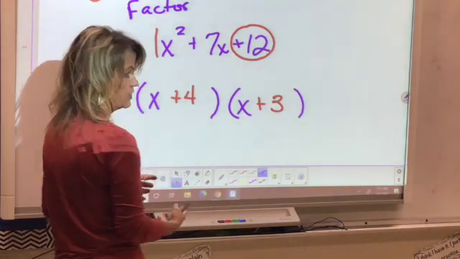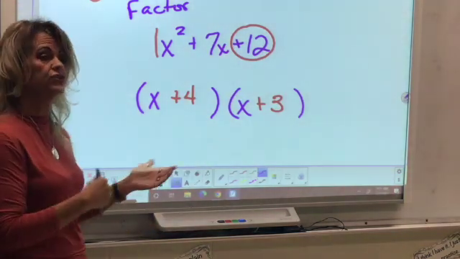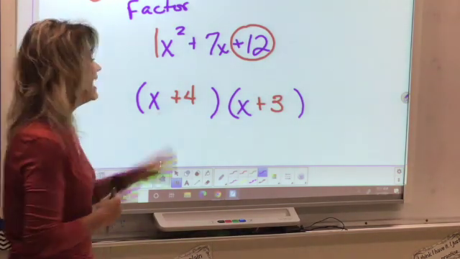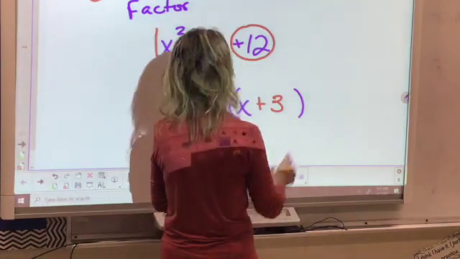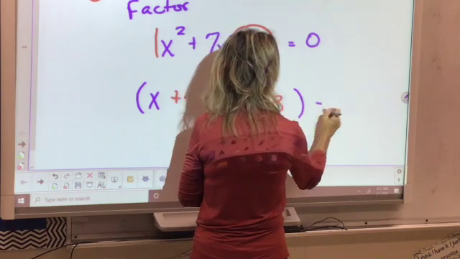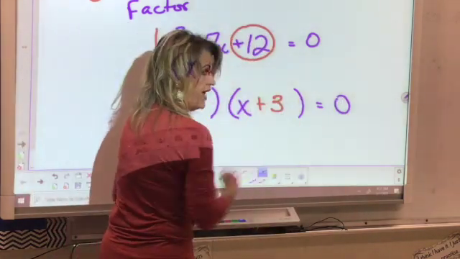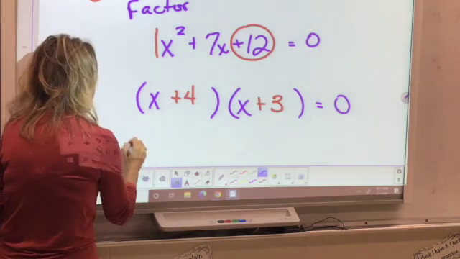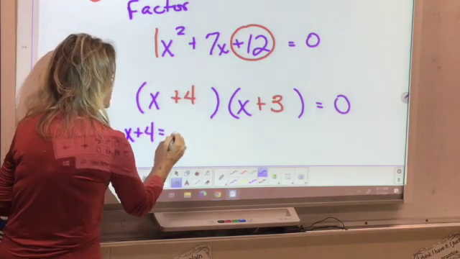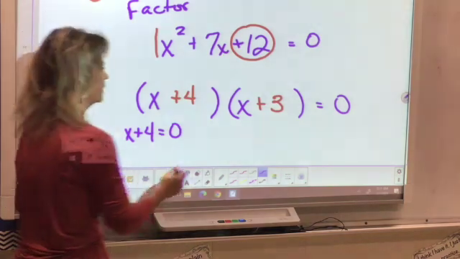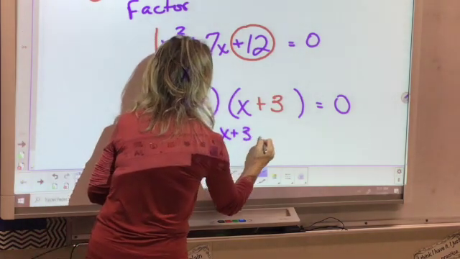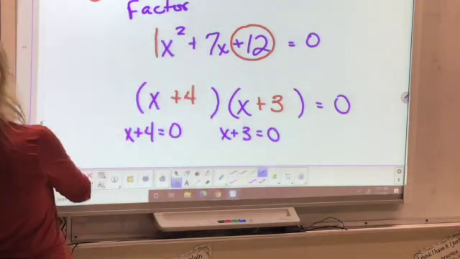Okay, so now that we've had a reintroduction to what we factored before using our sum and product chart and using our quick trip, let's talk about what these factors represent. Okay? If I were to set this equal to 0, yes? I set each factor equal to 0. X plus 4 is a factor, so that would equal 0, yes? X plus 3 is a factor, so that equals 0, yes?